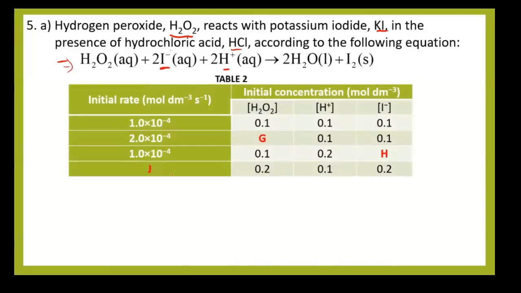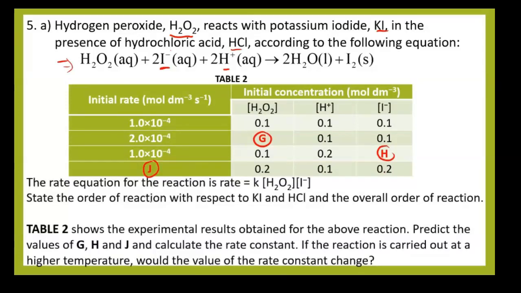In the data, they have three unknowns, J, G and H, that we will calculate. Then you read the equation. The rate equation for the reaction is rate equals k [H2O2] to the power of 1 and [I minus] to the power of 1. So in this question, they already give you the rate law.